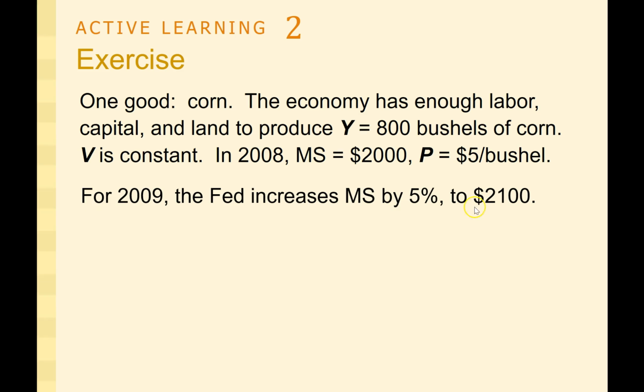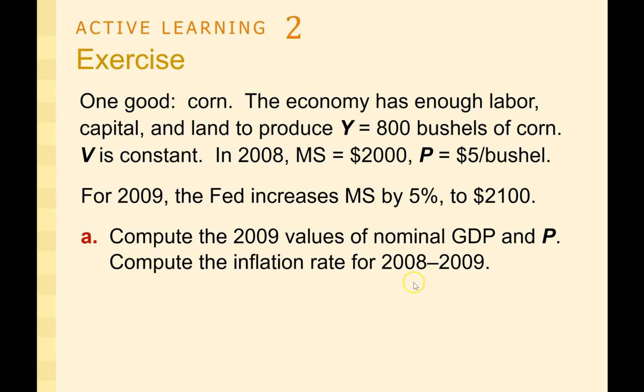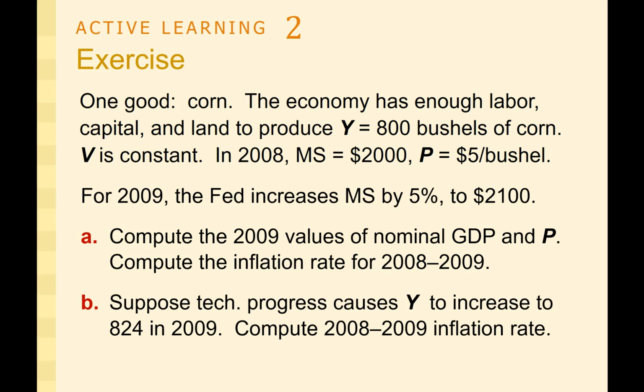So instead of 2,000 it's now 2,100. We're asked to compute the 2009 values of nominal GDP and price level and compute the inflation rate for 2008 to 2009. And then in part B, they say suppose that technological progress causes Y to increase to 824 in 2009. Then find the inflation rate.